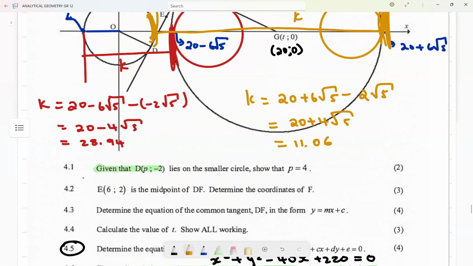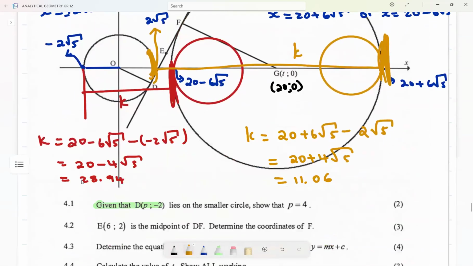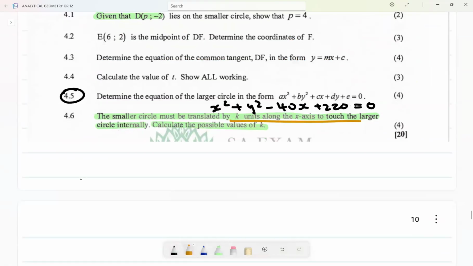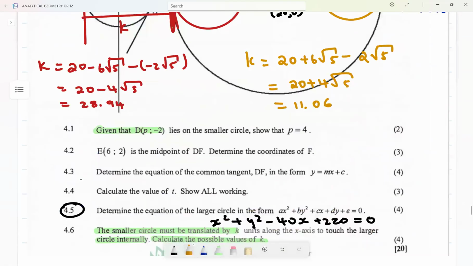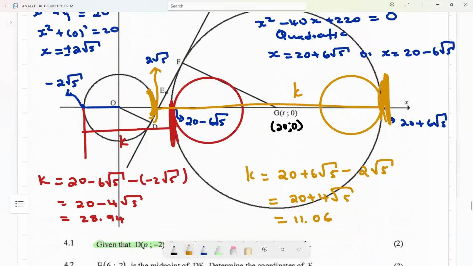So these are the values of k by which we need to translate the smaller circle so that it touches the circle internally. I need to translate by 28.94, and if I do that, it's going to end up here.